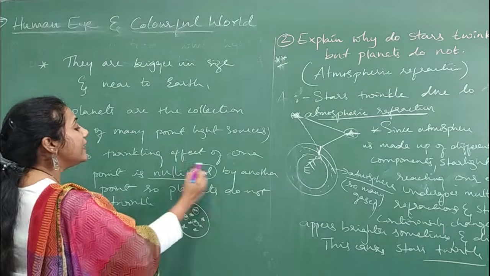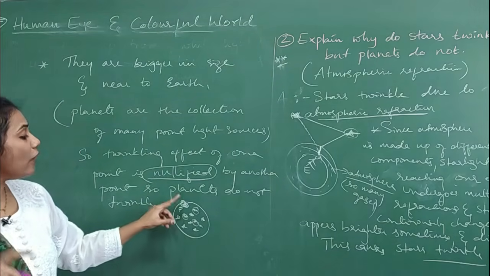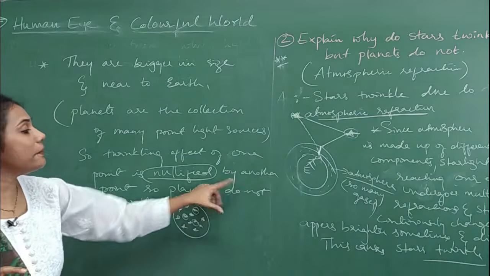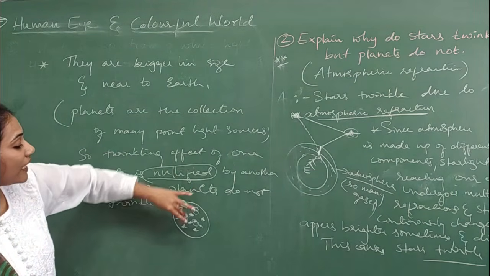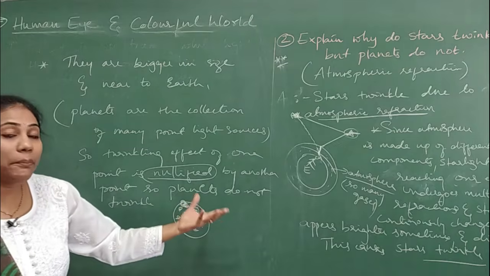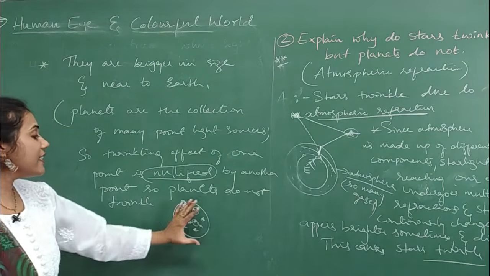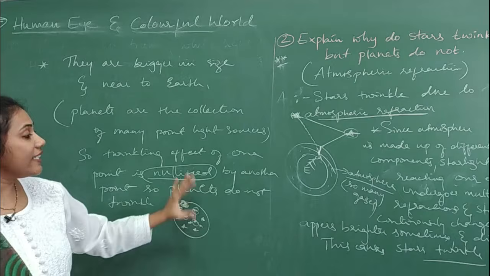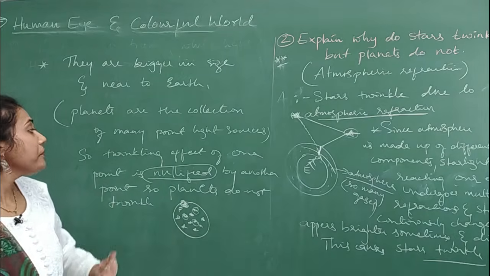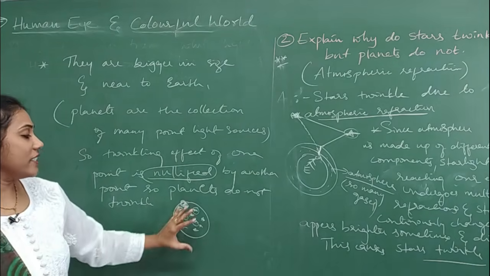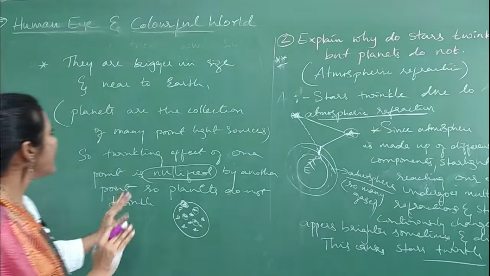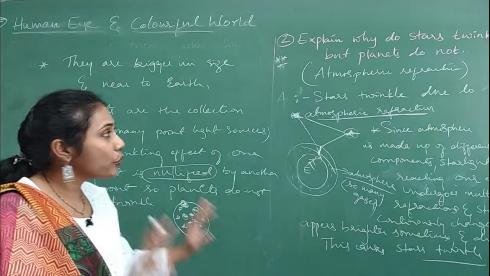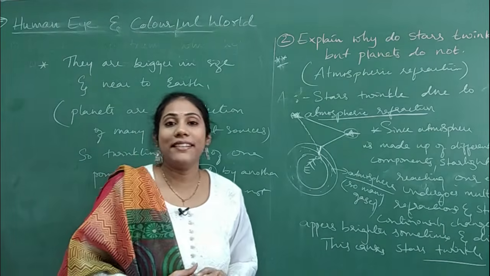Nullified in the sense it is cancelling. The moment this one becomes dim, the other one becomes bright, isn't it? So that's the reason we say the twinkling effect is cancelled by one another. Because the planet is larger in size, it is a collection of so many point sources. That's the reason planets do not twinkle but stars twinkle, right?